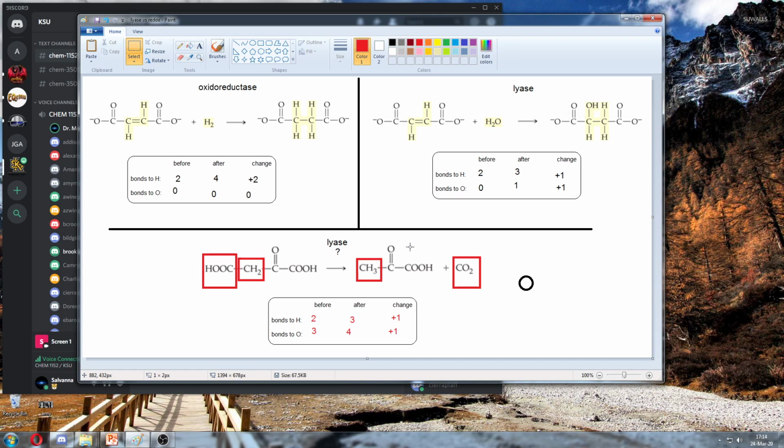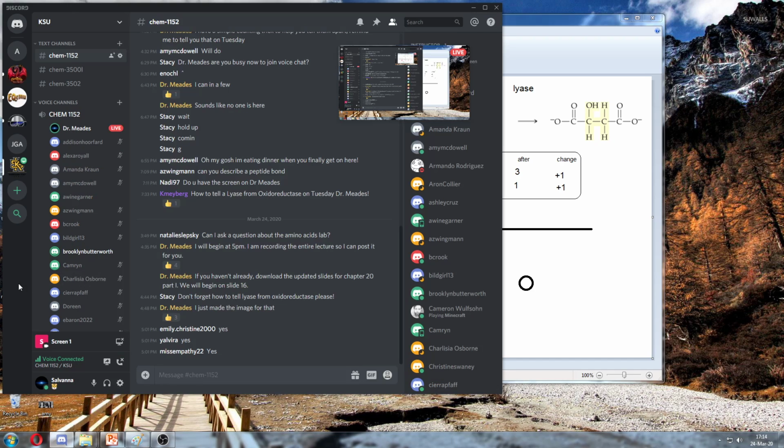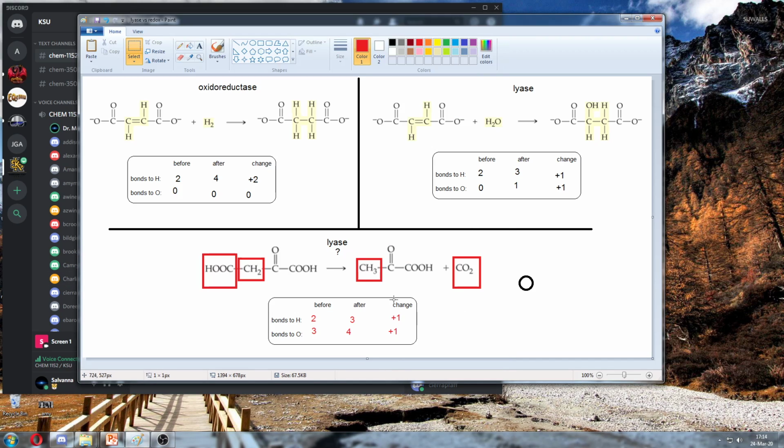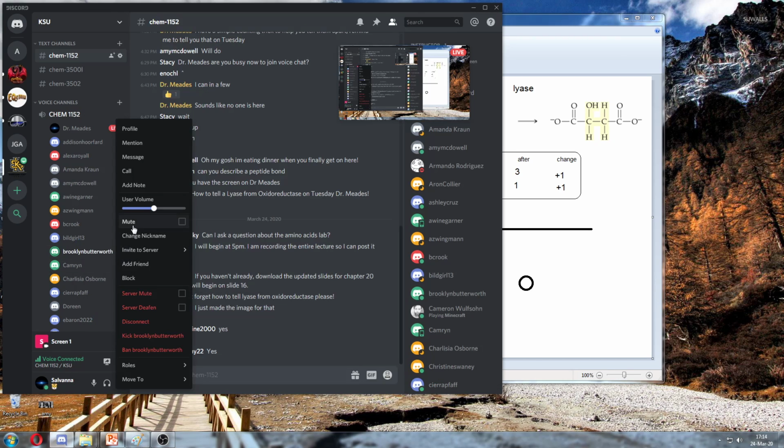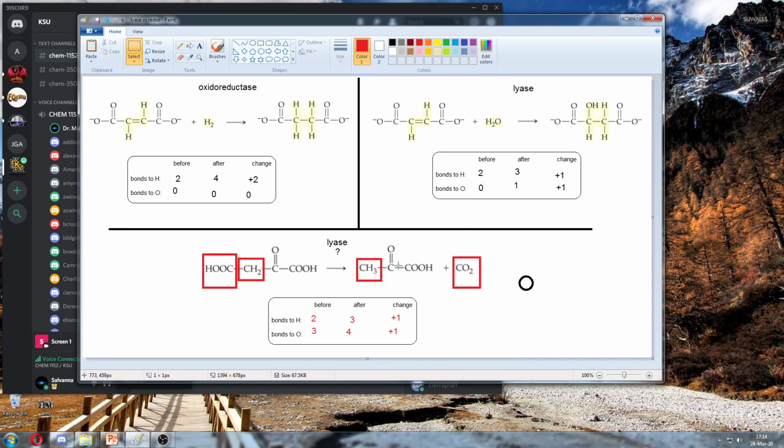This one's probably the most difficult because you have to see that the number of bonds on the right is actually 4, for the CO2. It's not 2 oxygens. I'm not counting the number of oxygens. I'm counting the number of bonds.